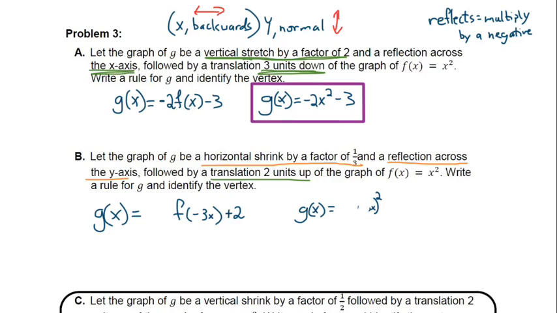Actually, why did I put it way over there? There's nothing in front of the x squared, so I can go over here. Negative 3x squared plus 2. And there you have it. Alright. Try letter C.